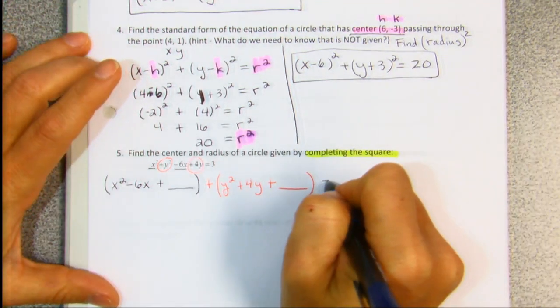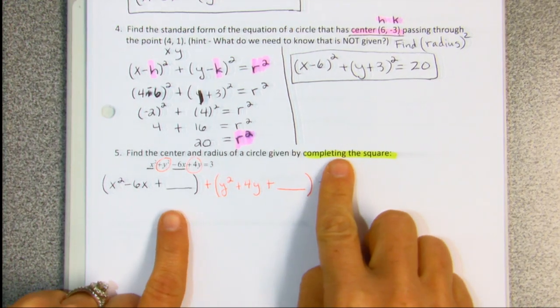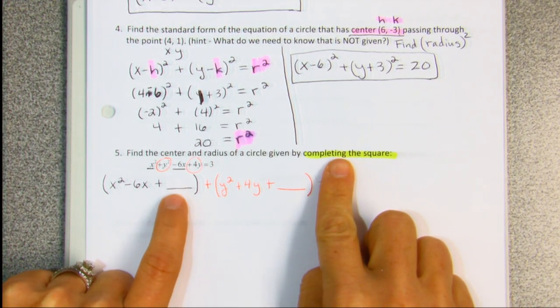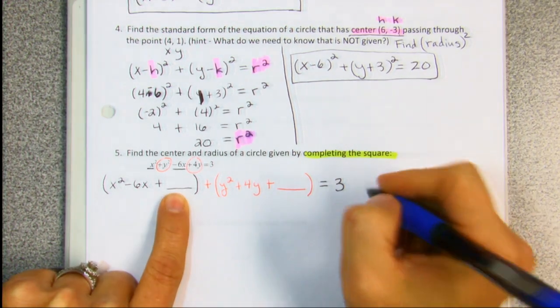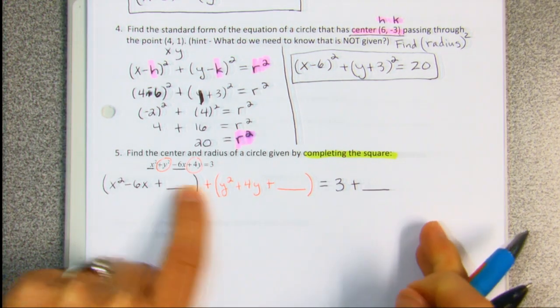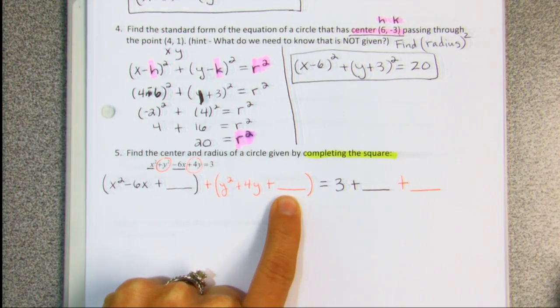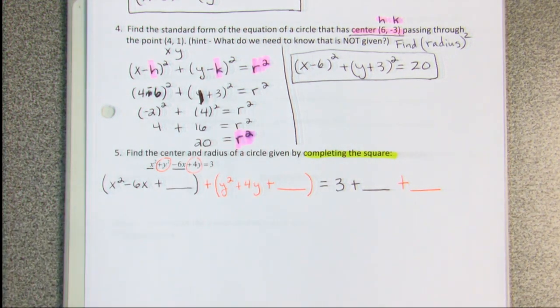Then you have this equal sign and a 3. So when we complete the square, we're going to be adding something to this side of this polynomial, so you have to add it to the other side. When we add something to this side, we have to add that same number to this side. I'm just going to set it up so it's already there so you see it.